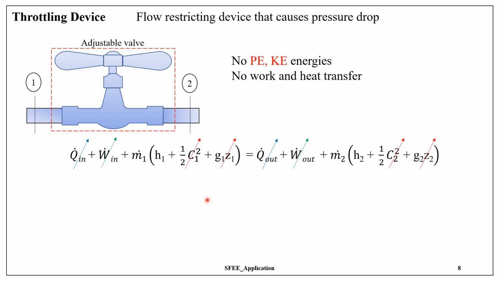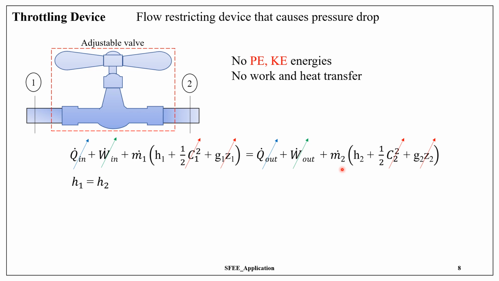Therefore, this also gets cancelled. What it implies is H1 is equal to H2 because m1 dot is equal to m2 dot and it is a steady flow. Therefore, H1 is equal to H2, which represents there is no change in enthalpy.